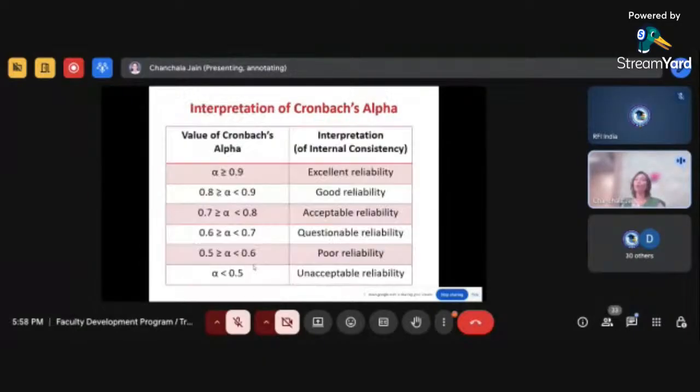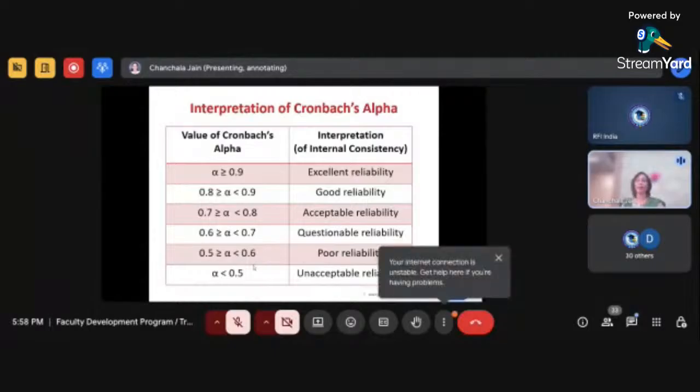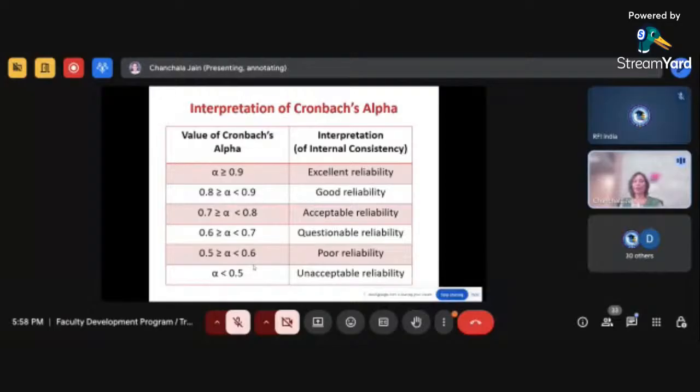Now coming to the interpretation part, which is very imperative to understand. You can see here, I'll read the table from the bottom, right? When the alpha value, that is Cronbach alpha, is less than 0.5, your reliability is unacceptable, means the scale reliability is unacceptable.